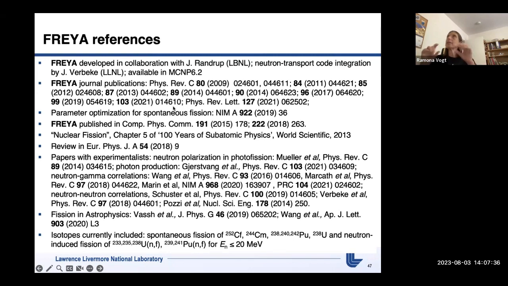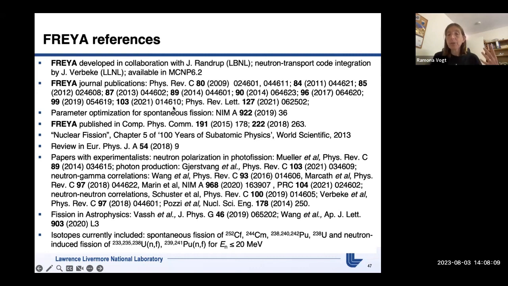With the Brownian random walk that he did with Peter Muller from Los Alamos on potential energy surfaces, it depends a little bit on where the neck breaks, of course, but it's great for the fragment distributions, but it's not very good for getting the fragment total kinetic energy right.